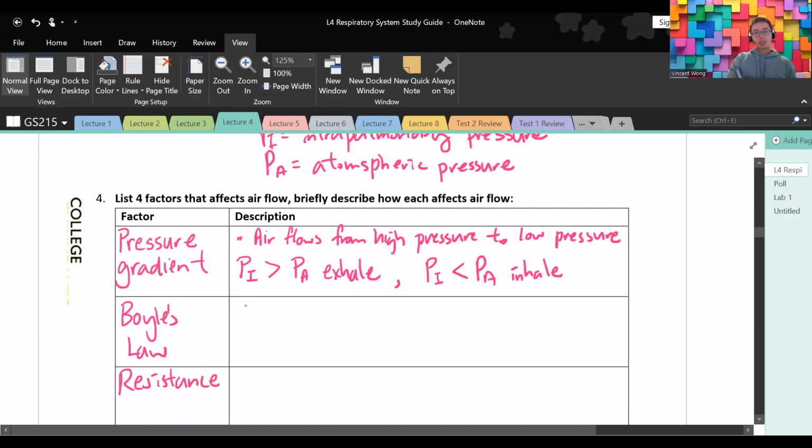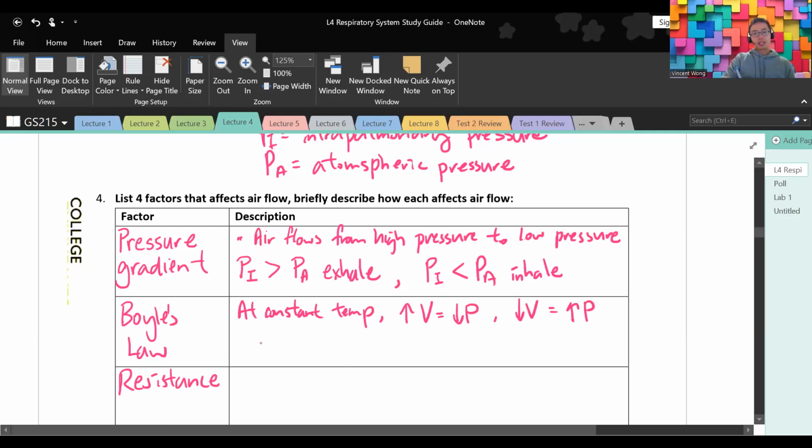So Boyle's law states that at constant temperature, and within the body, temperature is around 37, so it's fixed. So at constant temperature, when you increase the volume, the pressure goes down. And when you decrease the volume, the pressure goes up.